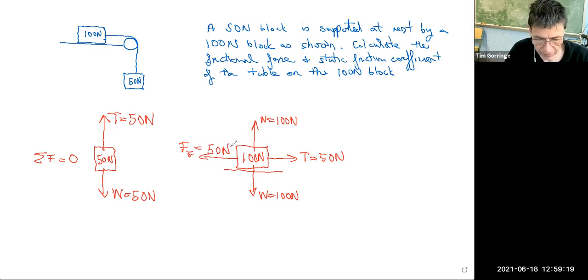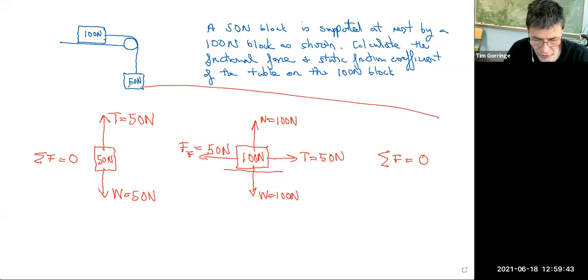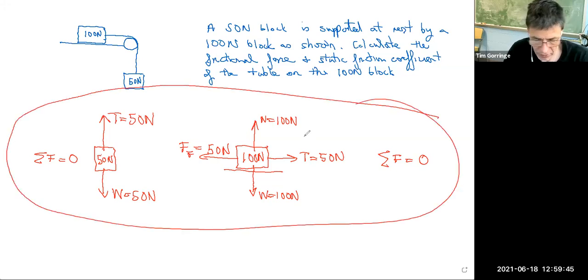And so those are the four forces: weight, normal, tension, friction, that are acting on the block on the table. And just like the block was hanging, if you add all these forces up, they counteract each other. They add up to zero. And so this block too is in equilibrium. Okay, so this was our drawing of a picture of the situation.